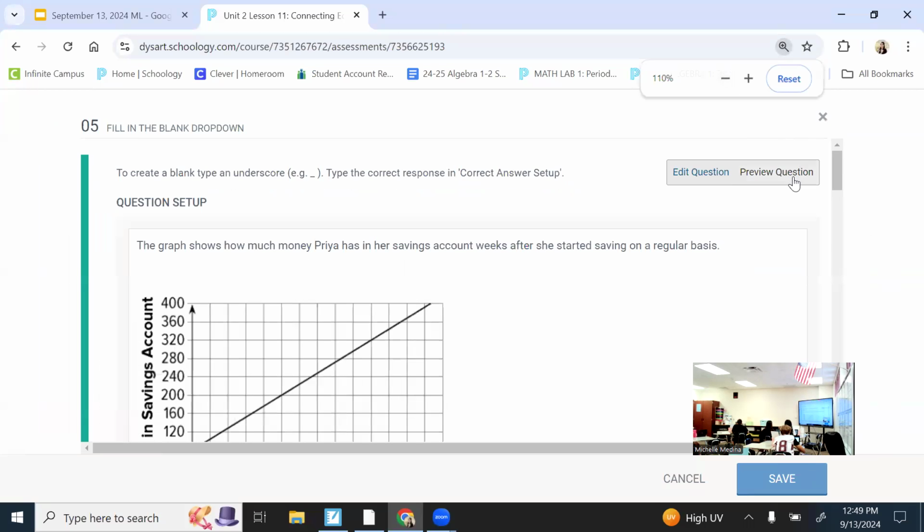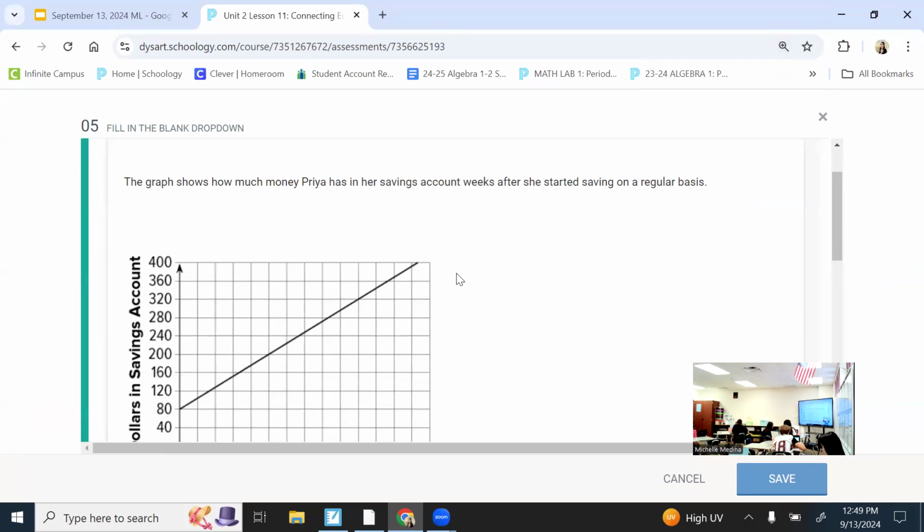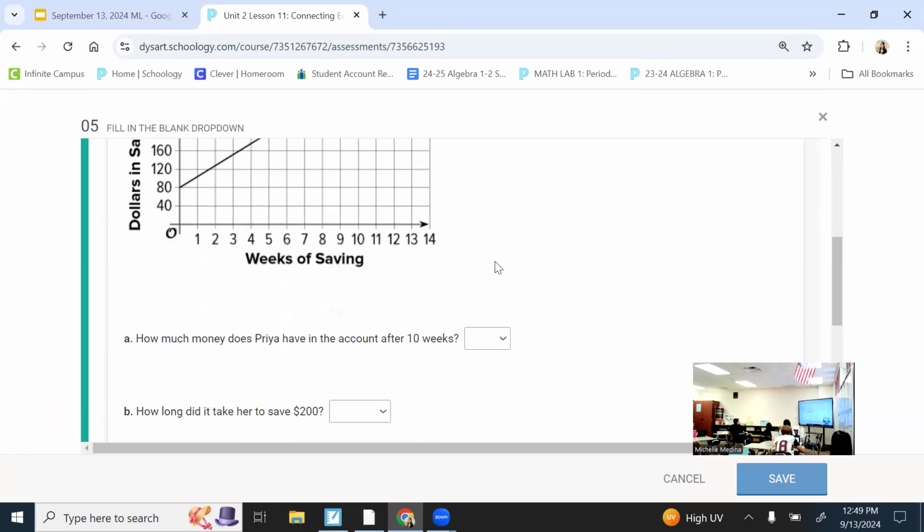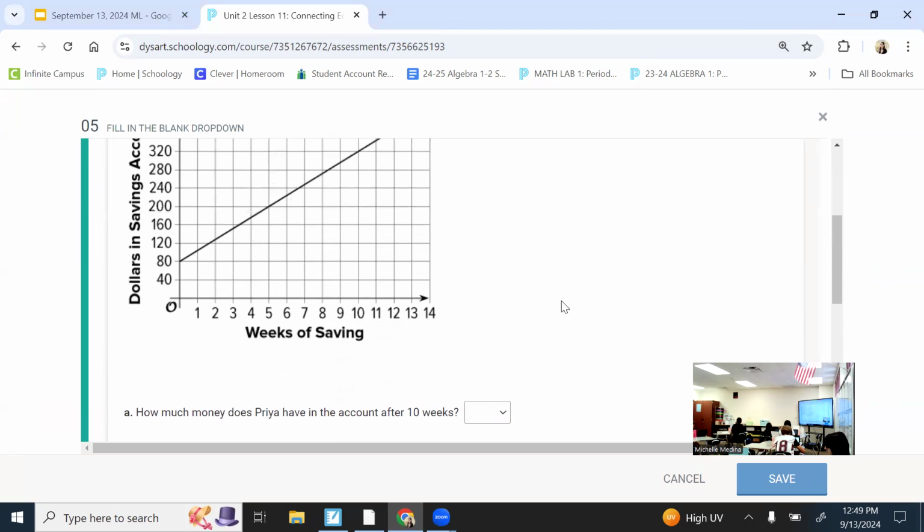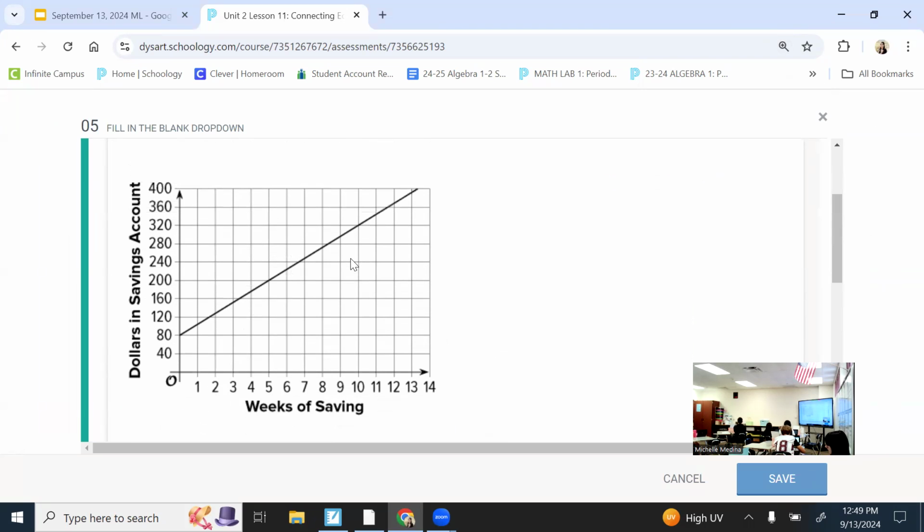All right, so we have this graph that shows how much money Priya has in her savings account weeks after she started saving on a regular basis. How much does she have in the account after 10 weeks? So definitely use the axes to help you. They are labeled. So which axis is for weeks?